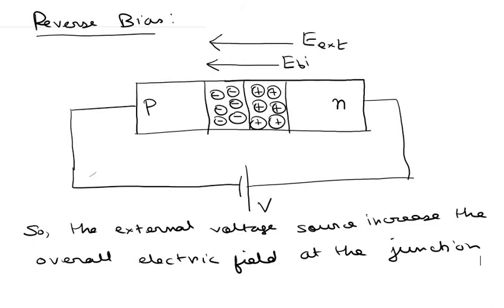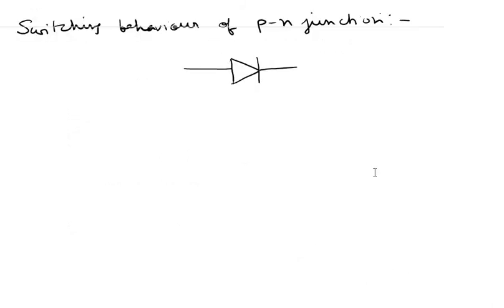This means that in a diode, current only flows from the P side to the N side, provided that the diode is not in the breakdown regime. This arrow indicates the direction in which current can flow. This side of the arrow is the P side, and this side of the arrow is the N side. So current can flow in this direction, and that is how this arrow denotes the direction of flow of current.